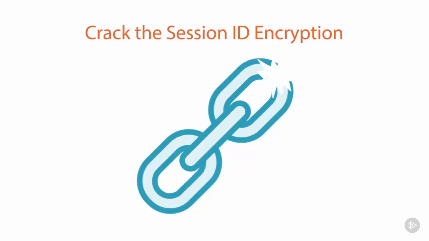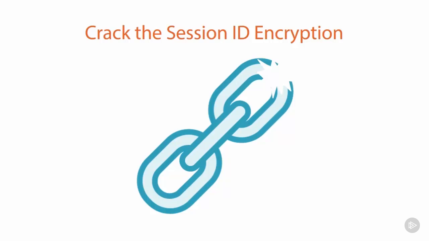Now, if by chance you're successful at cracking the session ID encryption, or you can actually use this if the session ID isn't encrypted, we could send an email to several users within the organization with a phishing scam associated to it. So they click on a link that we've sent them because, hey, if you want a free Xbox, click here, might entice them to click on that link.